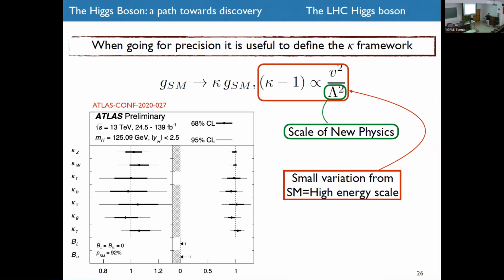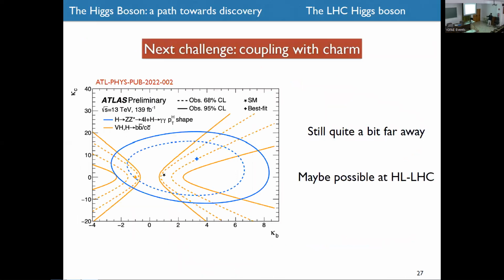So this is our present understanding. And this is more or less compatible with some new physics that appears around 1 TeV or more. So for now, we cannot exclude from here physics at a higher scale than 1 TeV. Of course, what we really would like to see is something that is completely off from this one, but well, we are not so lucky, or nature is not so generous with us.